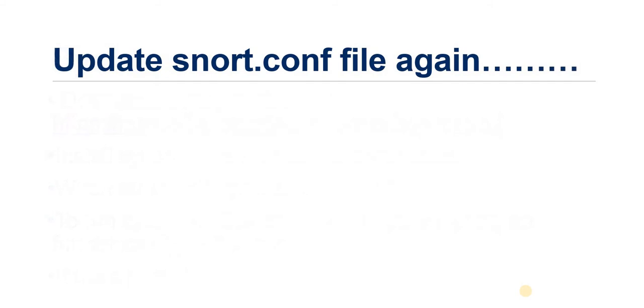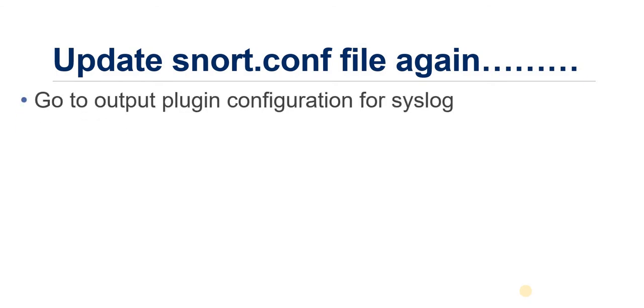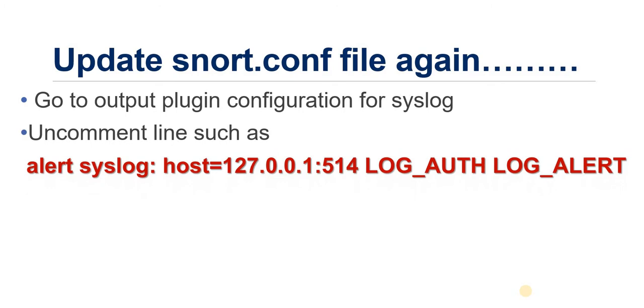Now how does Snort come to know that you have installed the Syslog server? For that you have to update the snort.conf file. This file contains the output plugin configuration. Just uncomment the line which is already available in your snort.conf, the alert syslog, and mention the host 127.0.0.1, which means your Syslog server is available on this host.